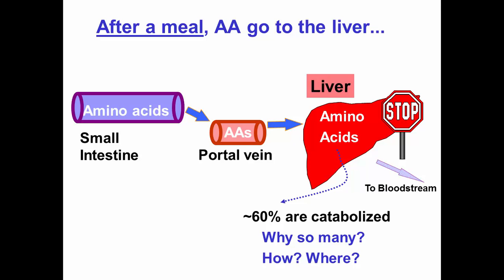Number 2, the liver is the primary site for essential amino acid catabolism, except for one very special group of amino acids.